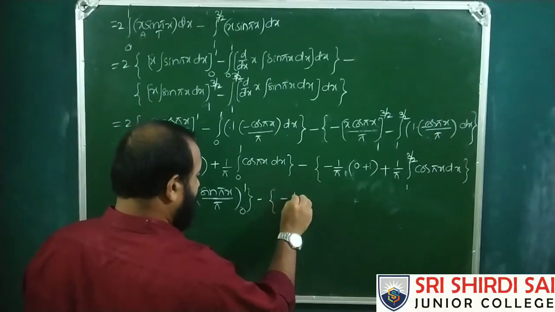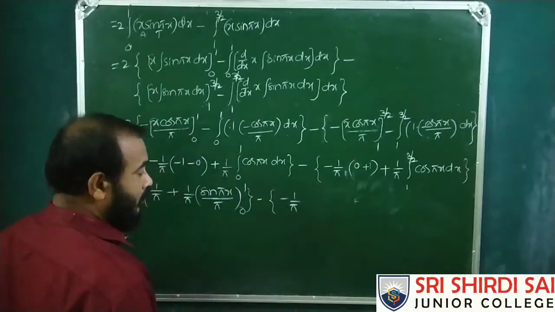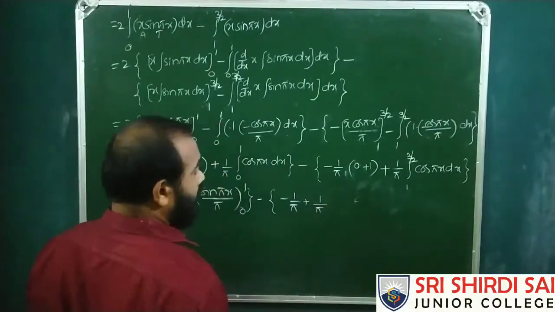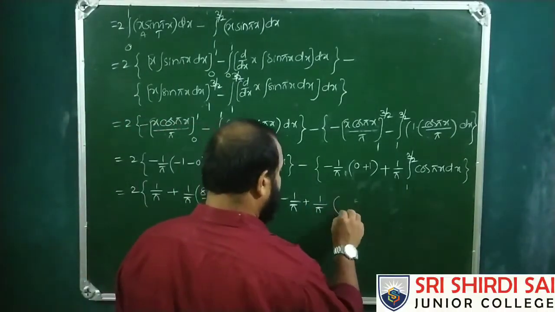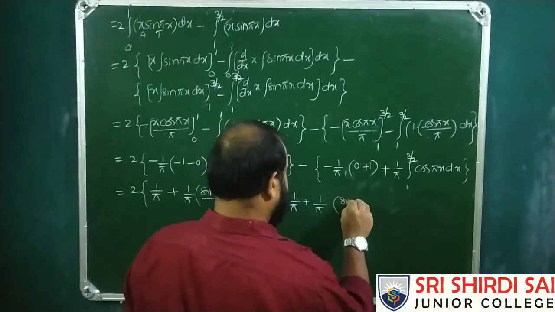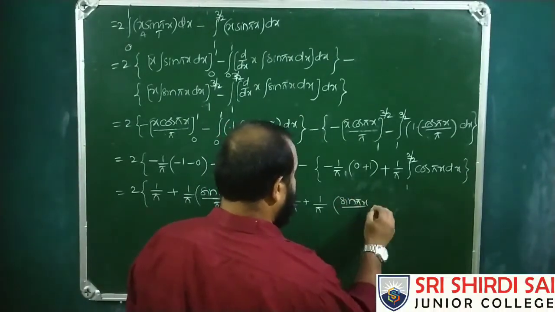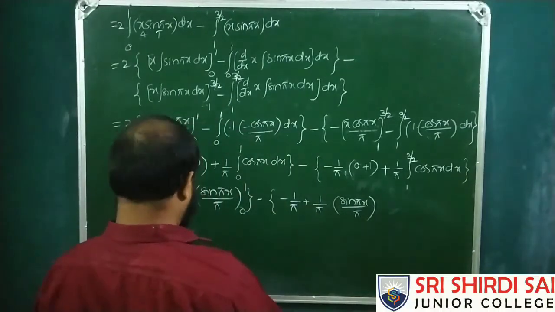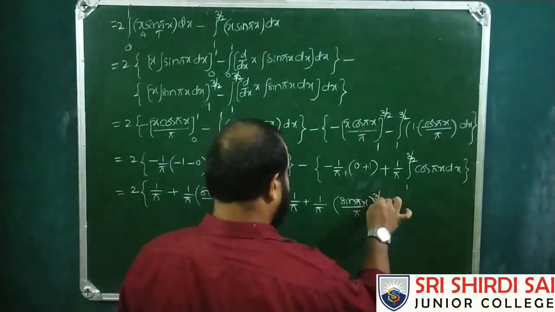This is minus 1 by pi plus 1 by pi into integral of cos pi x, which is sin pi x by pi, sin pi x by pi from 1 to 3 by 2.